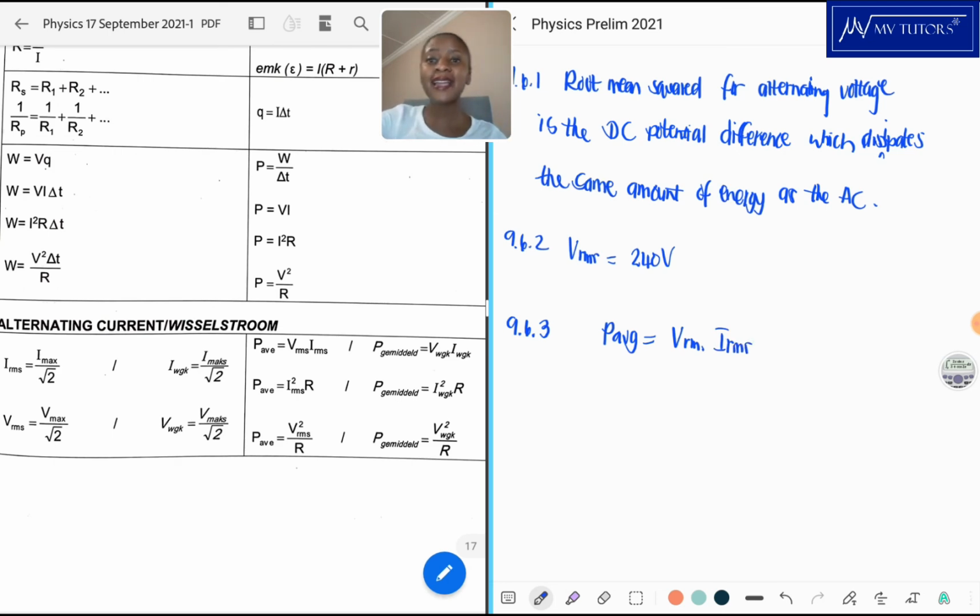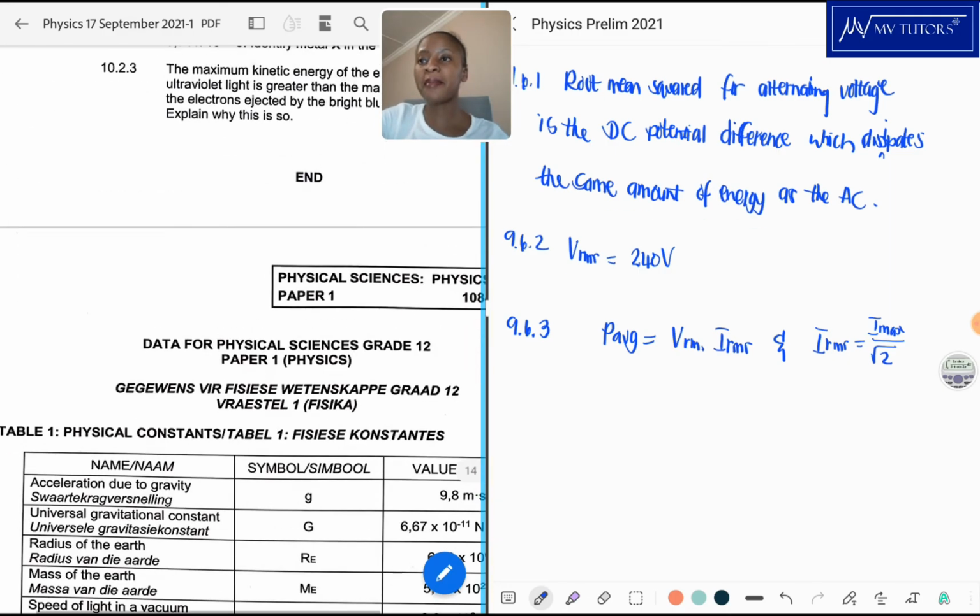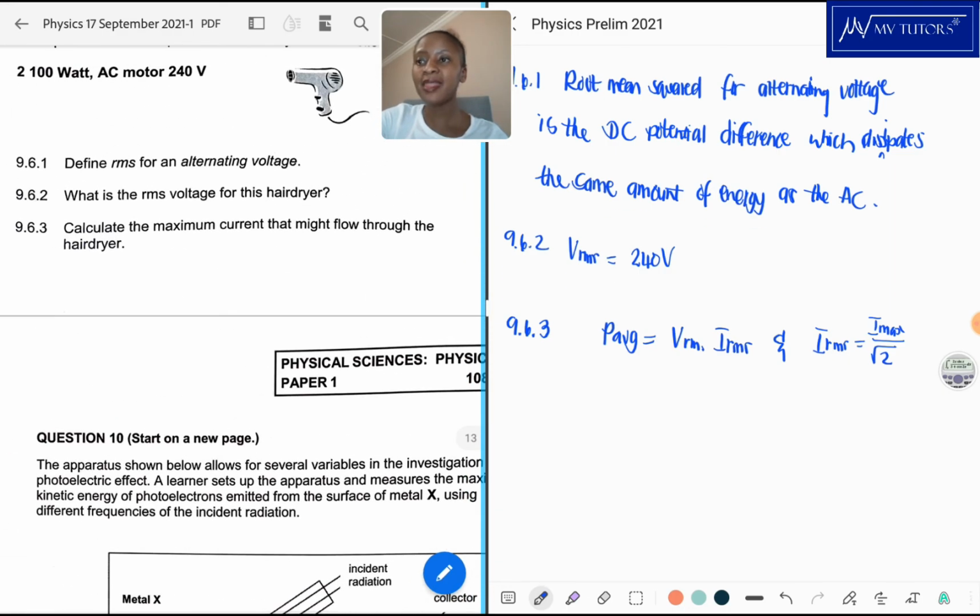And we also have that the root mean squared current is equal to the maximum current over root 2. So going back to our question, they want the maximum current.